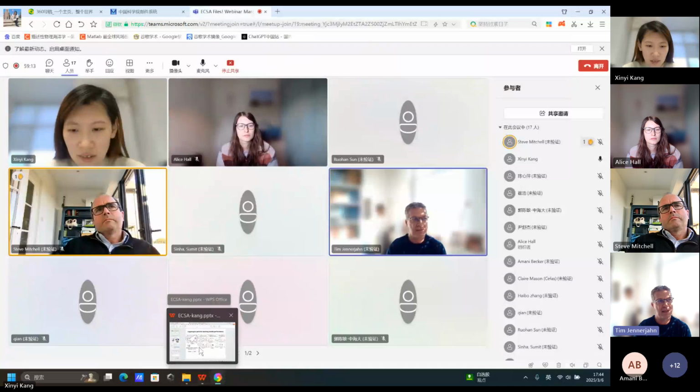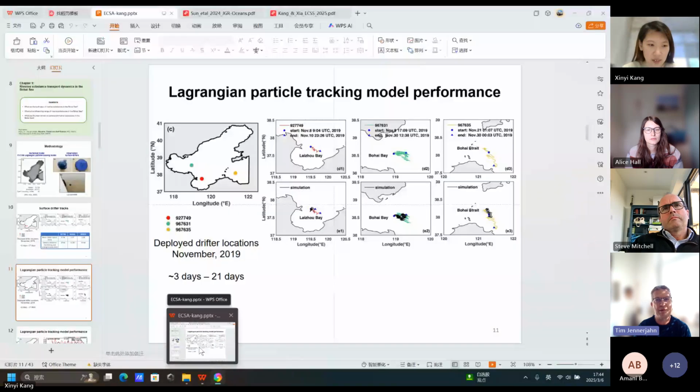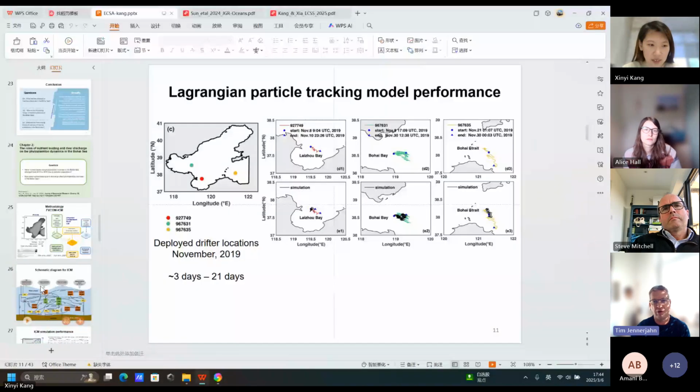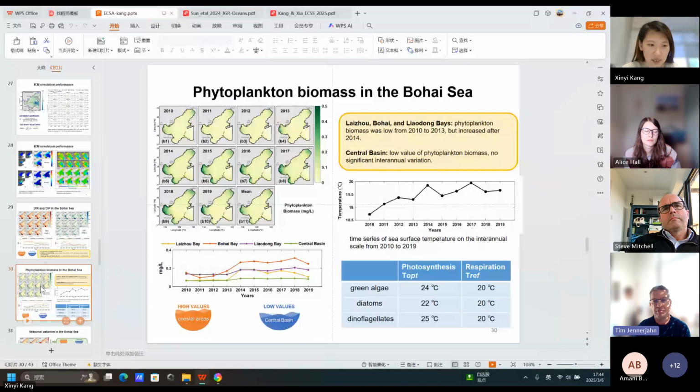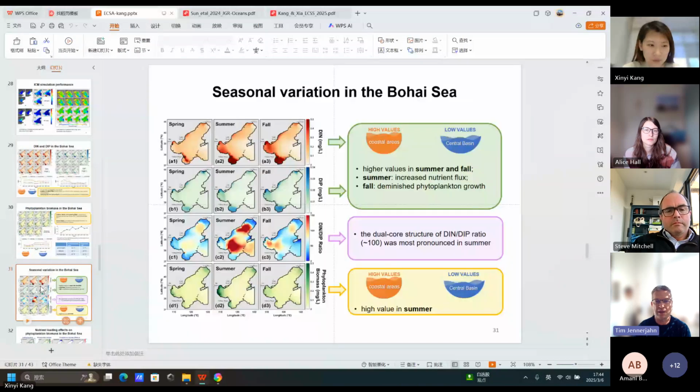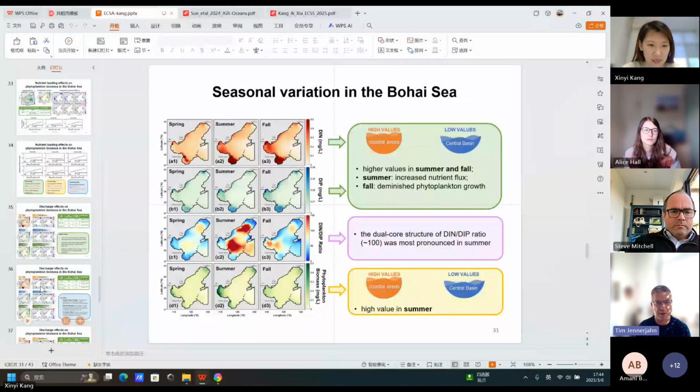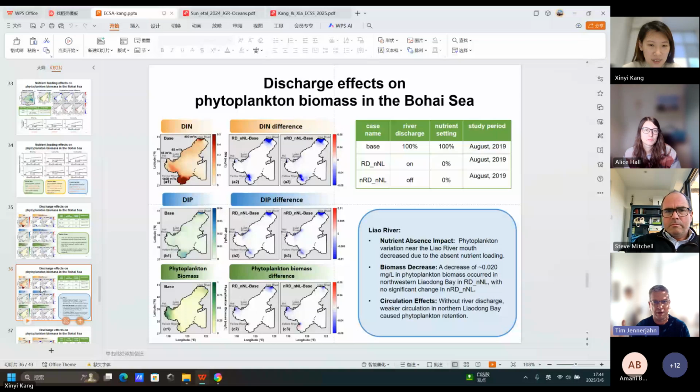And I'm asking myself, is it really like that? Or what would happen if you would continue your study for a longer time? And are the dynamics in these particular bays a bit decoupled from the overall Bohai Sea, or could one get the impression that the river influence is very limited? Is it so?